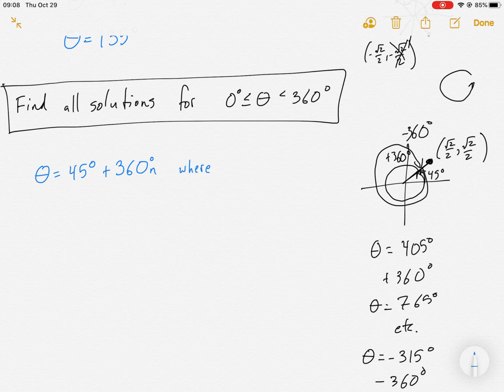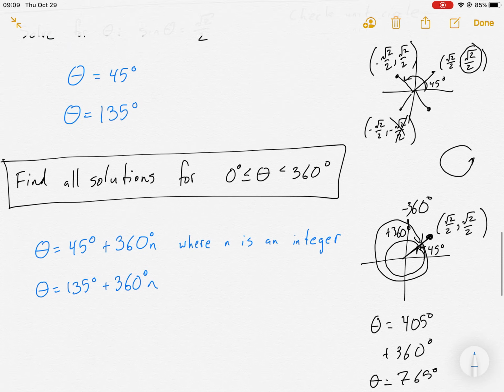So in this case, n is an integer. You don't have to write that each time, though. We just kind of assume in these problems that n is an integer. So I'll write it the first time, and then we don't have to worry about it anymore. So there's one solution, when in reality this is actually infinitely many solutions. And then the other one would be 135 degrees plus 360n.